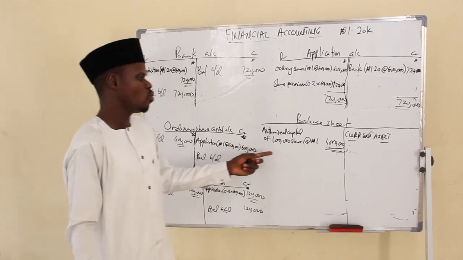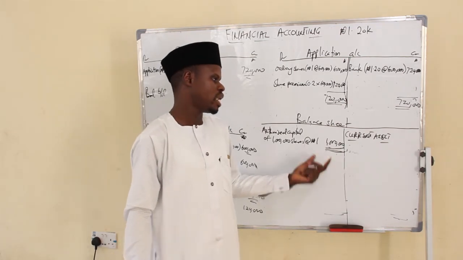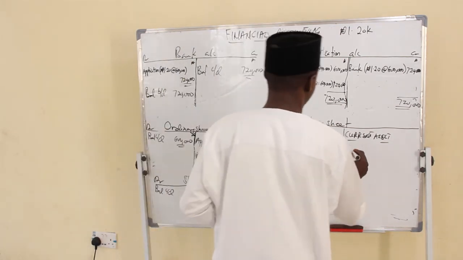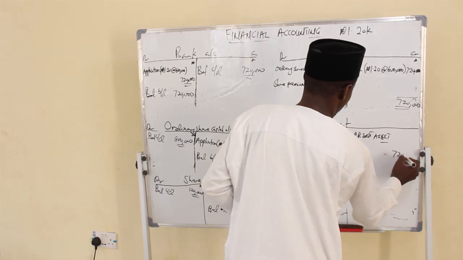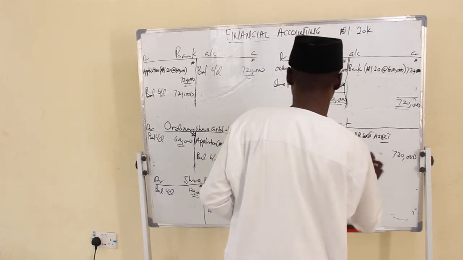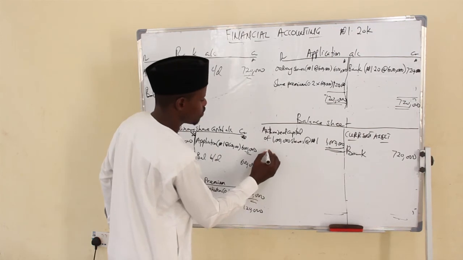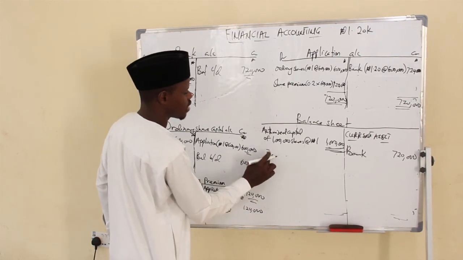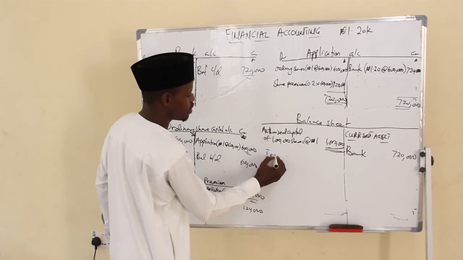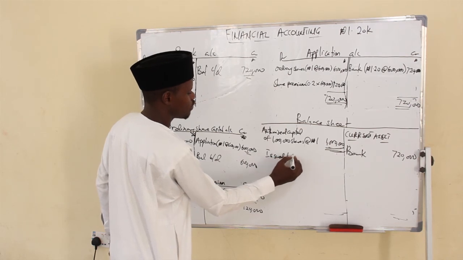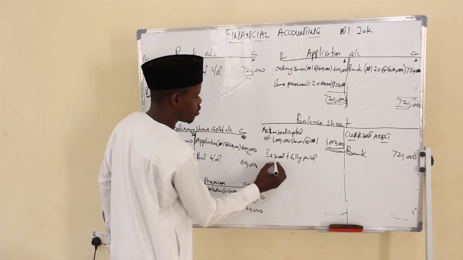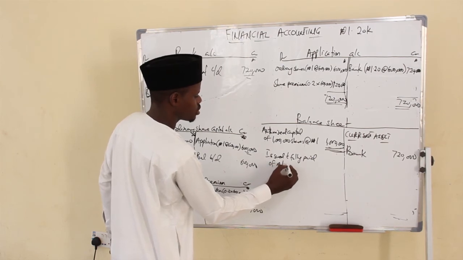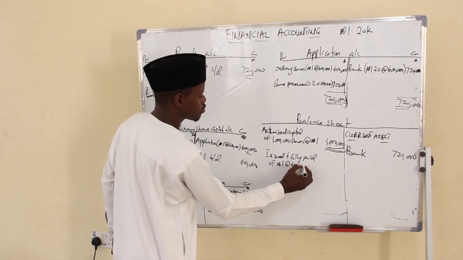And finally, we will come and extract our balance sheet. For the current asset, we have bank 720,000. Here we've written the authorized capital of 1 million, and we have issued and fully paid capital of 1 naira each at 600,000 shares.